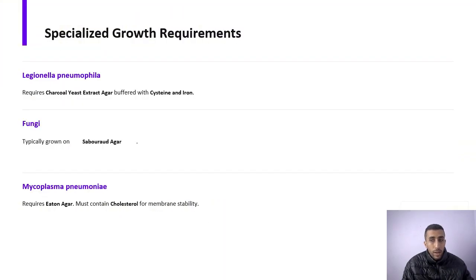Lastly, we are talking about some organisms such as Legionella. These important organisms can be grown on charcoal yeast extract agar with cysteine and iron. These are nutrients that support the growth of Legionella.